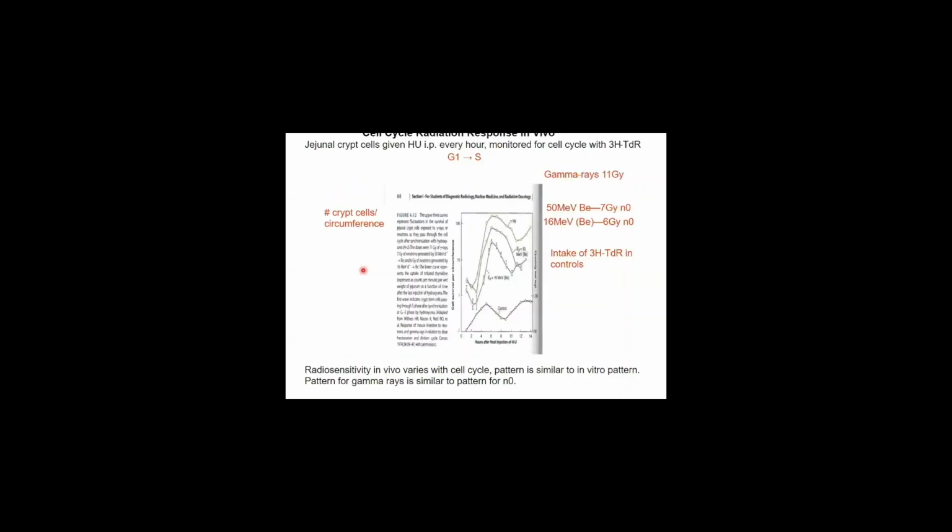Okay, does this happen in vivo? The answer is yes, it does. Here are the survival curves. This is the surviving fraction, log of the surviving fraction against time after exposure. And this is all done in jejunal crypt cells. So there's an assay called the jejunal crypt cell assay.